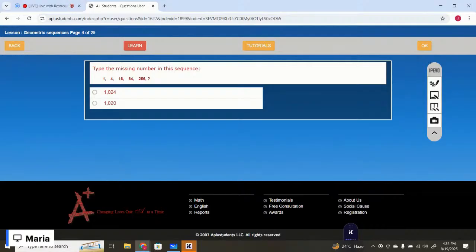Type the missing number in the sequence: 1, 16, 64, 256. So which number is missing? The pattern is growing by 4. Like you need to multiply every number by 4.